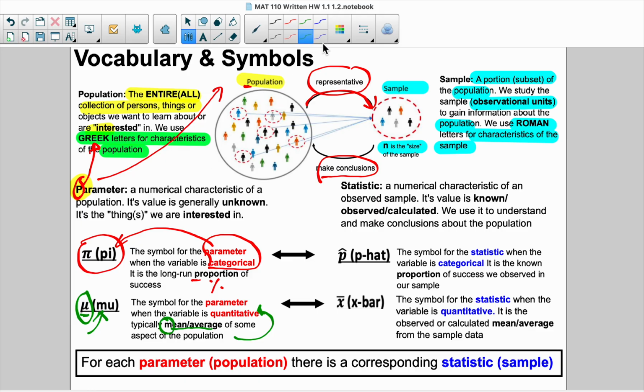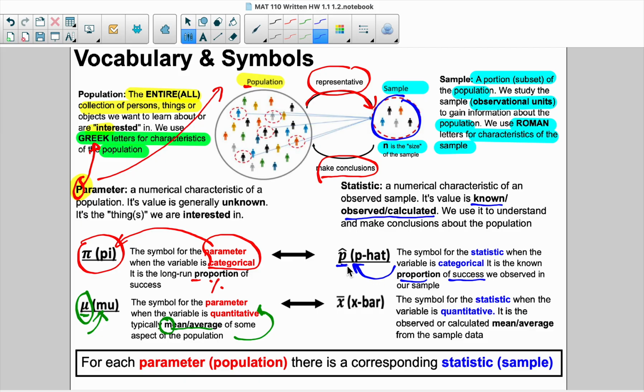So the reason why we have two different sets of symbols is because now we would take a sample and we can observe these characteristics from this sample set of data that we have captured, that we have taken. Okay, so if I take a sample of data and I calculate the proportion or the percent of success in our sample, I call that p hat.